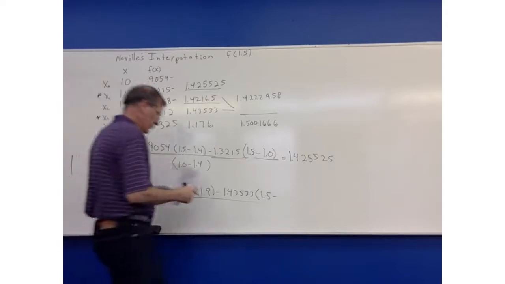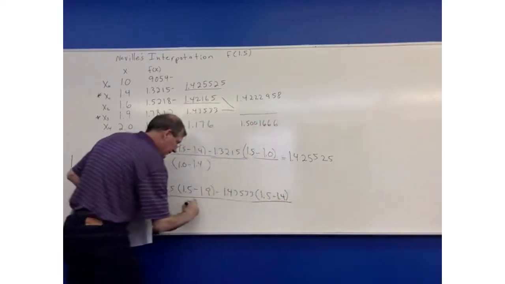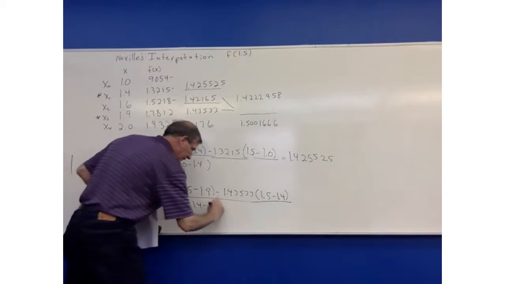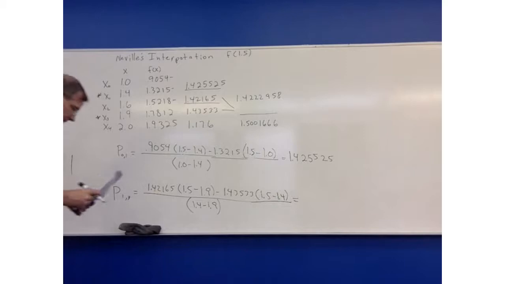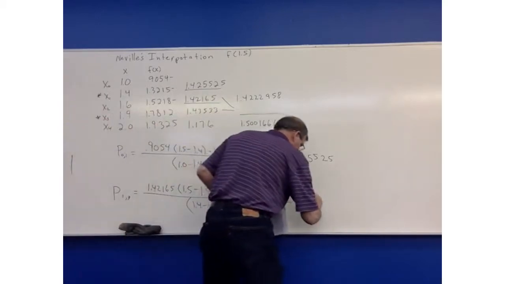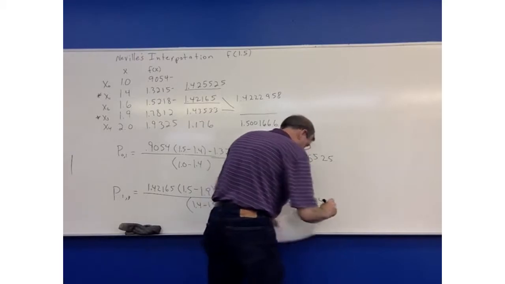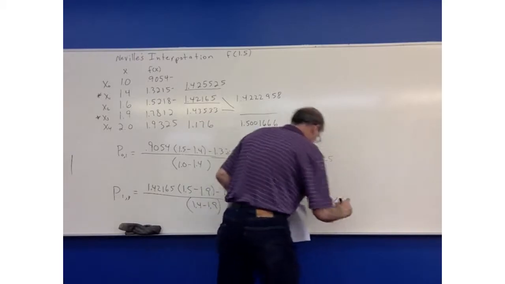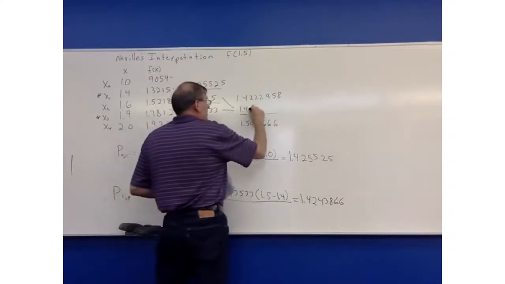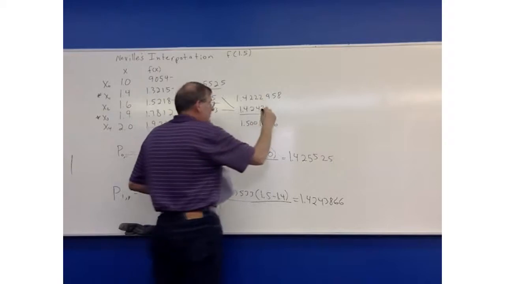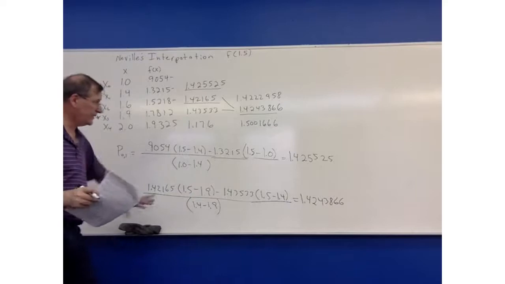And that's minus 1.4. In our denominator, we get 1.4 minus 1.9. Compute that out and you get 1.424386. Okay, so you see the same pattern is taking place.